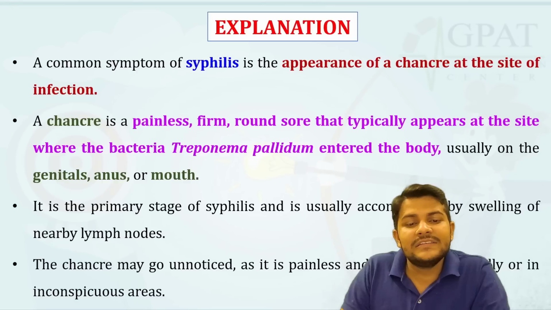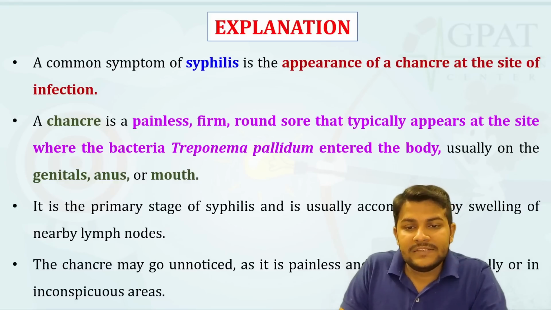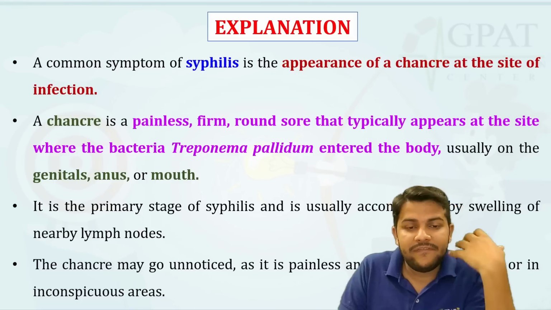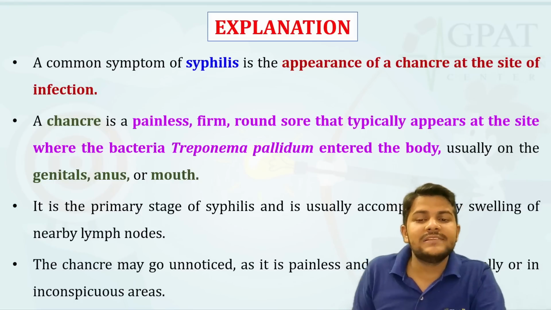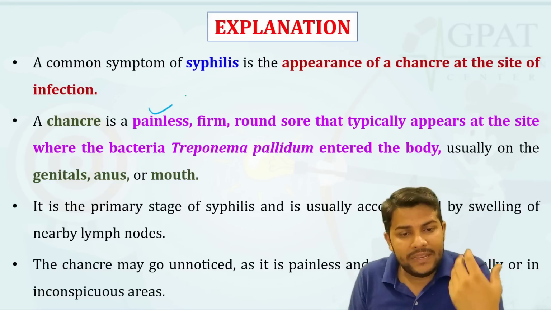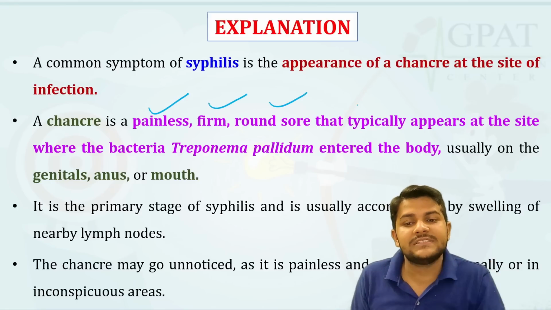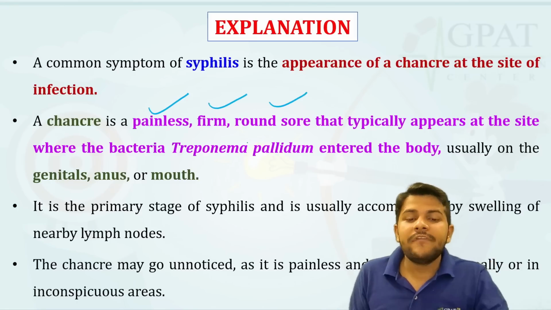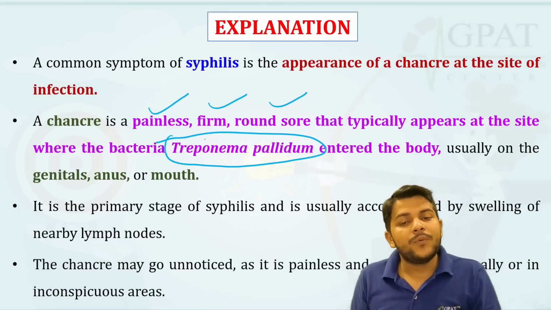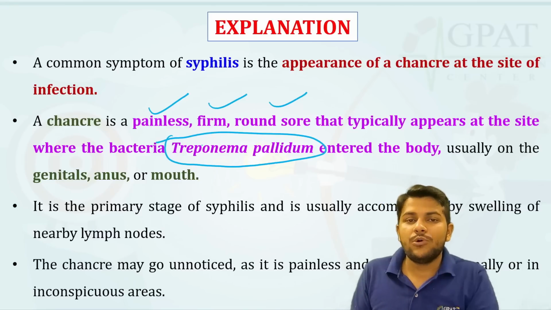What is a canker? It is a painless, rounded sore that typically appears at the site where the bacterium Treponema pallidum entered.